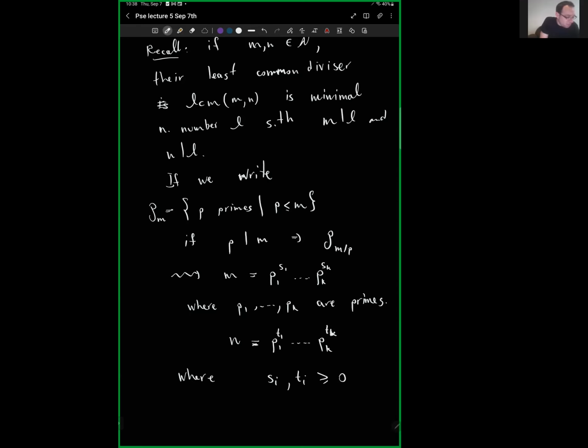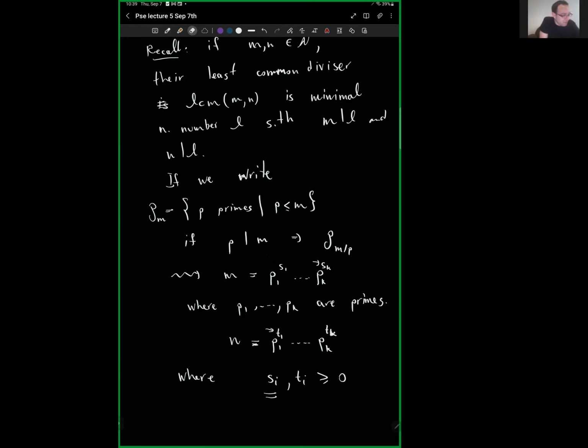This is the list of my primes, p1 up to pk, and I allow the powers to be possibly 0. So then I could write m as the product of powers of the p_i's, and n as the product of powers of the p_i's, where only the exponents may be different, but the set of primes in the decomposition is the same.